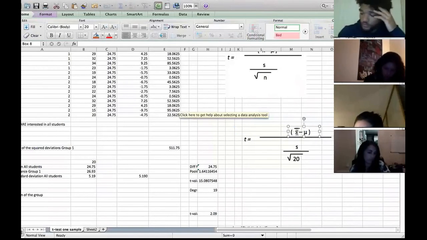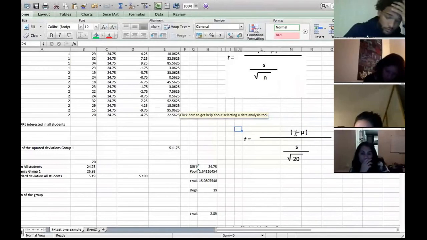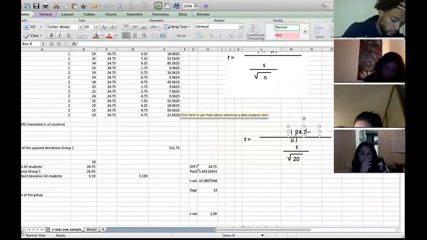So we have here X bar, the mean. That's the sample mean. I would take 24.75. And mu is the average of the population. We use a Greek letter for the population.